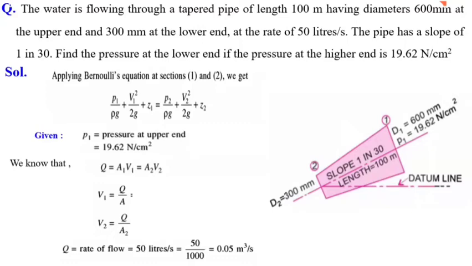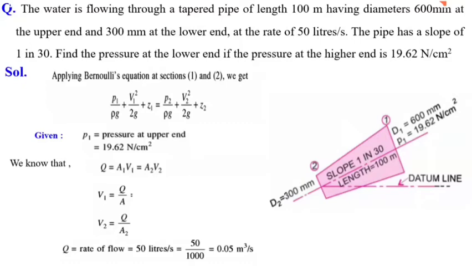So you are asked to find out pressure at lower end, which is P2. So let's write the Bernoulli's equation at these two sections. We get it as P1 by rho g plus V1 square by 2g plus Z1 equal to P2 by rho g plus V2 square by 2g plus Z2.